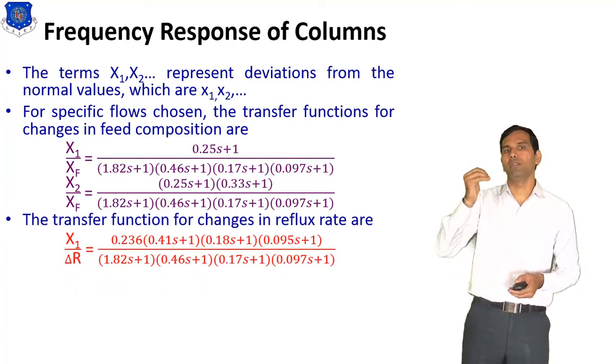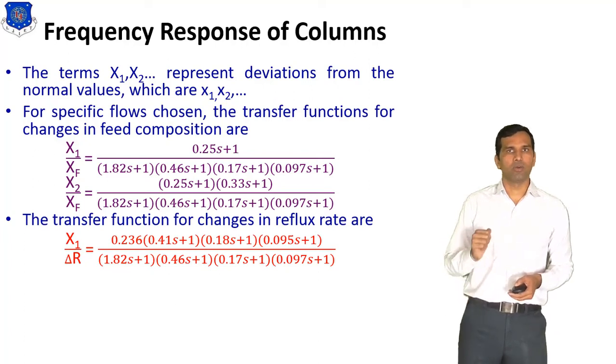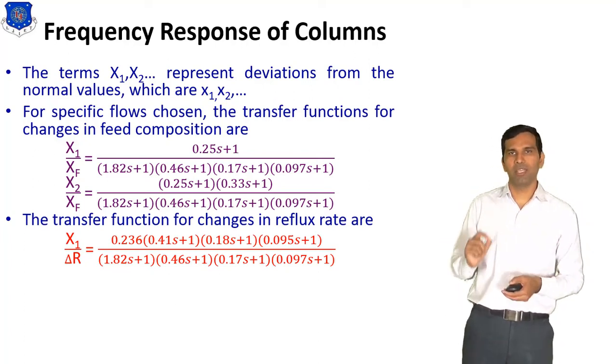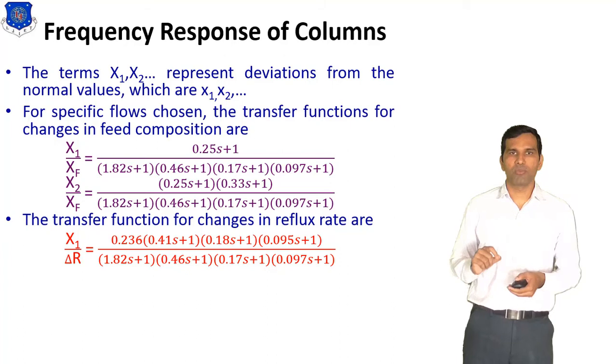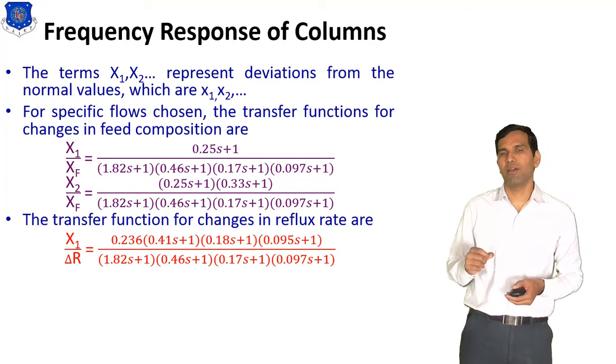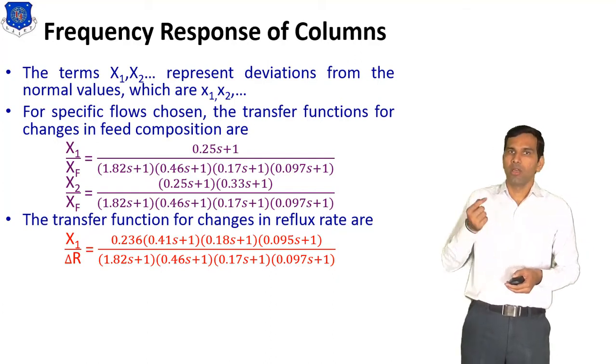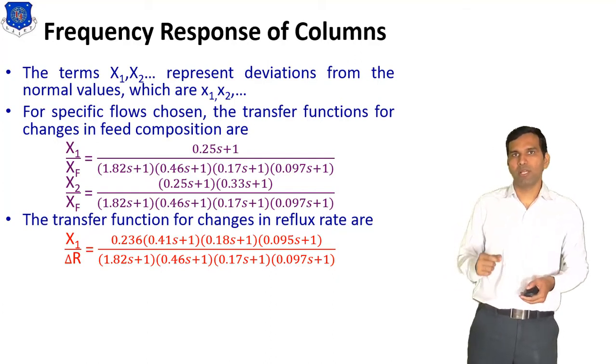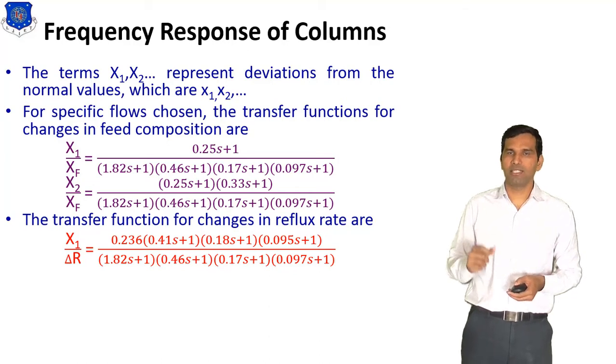x1 upon delta R, the value is 0.23 into (0.41s plus 1)(0.18s plus 1)(0.95s plus 1) upon (1.82s plus 1)(0.46s plus 1)(0.17s plus 1)(0.09s plus 1).